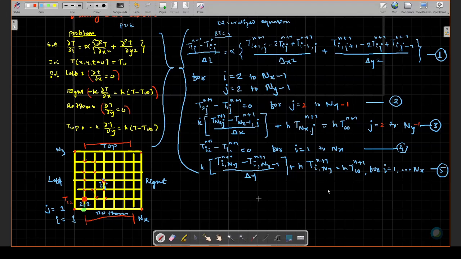Now to solve this system, what do we have to do? We have to find the central coefficients and corresponding residuals. So we'll do it one by one. We want to find the central coefficients.